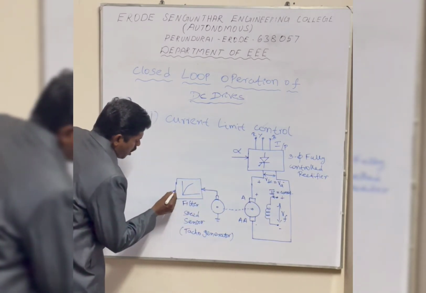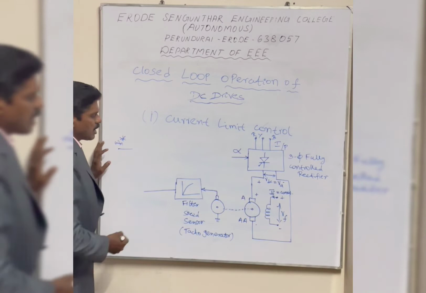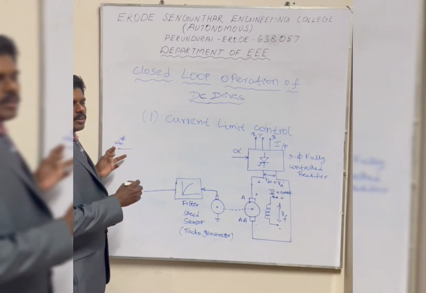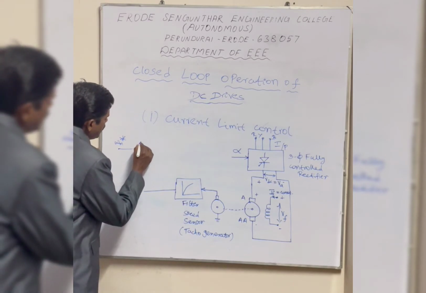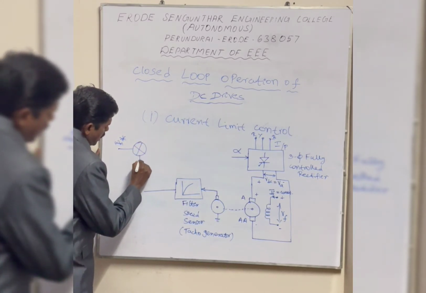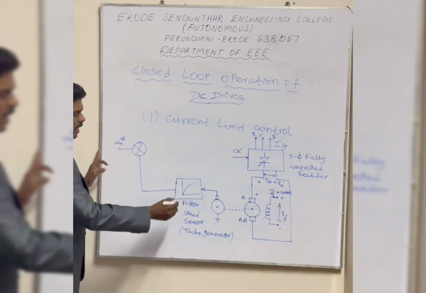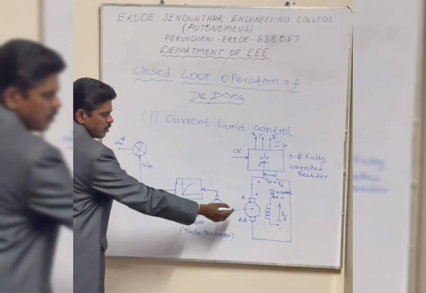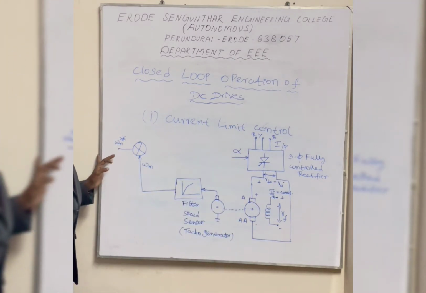Okay, so the output of this filter is compared with the reference speed. That means the required speed we should have in the motor will be compared with respect to the actual speed, which is derived from your motor feedback output.